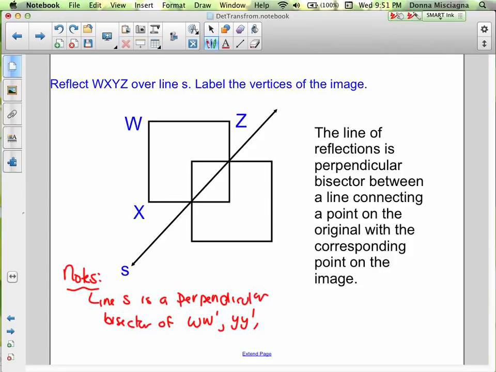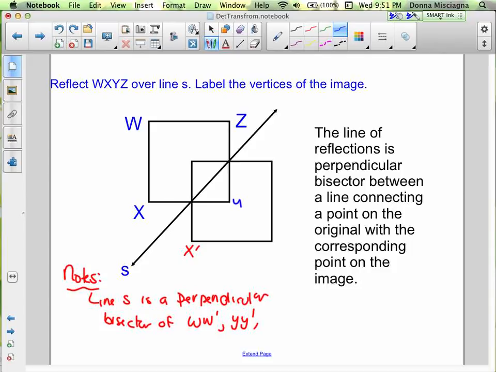All right, so now let's figure out where our vertices are. Right? So this one's probably a little easier for you to draw, right, than the first one was. So remember, they have to be the same distance from the line of reflection. Right? So X prime is going to be located there. Oh, it looks like one of our points is missing. We got W, we got X, we don't have Y. Right?